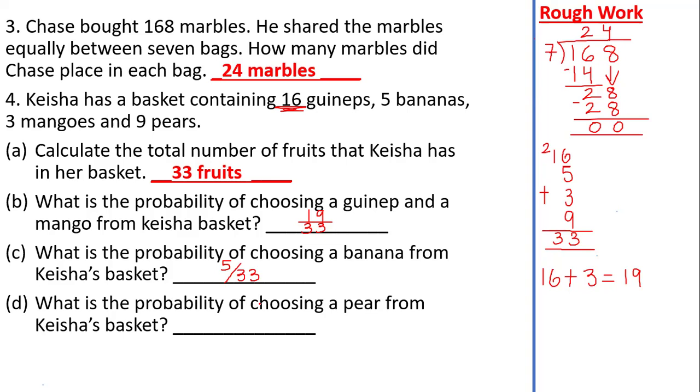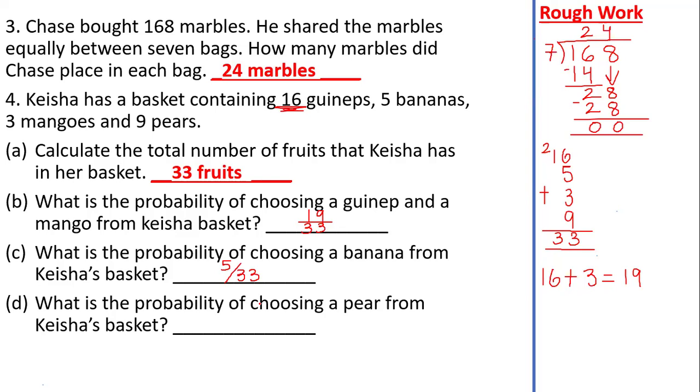Okay. Legacy, read part D. What is the probability of choosing a pear from Keisha's basket? What did you all get for that one? 9 over 33. Did anyone else have 9 over 33? I did.